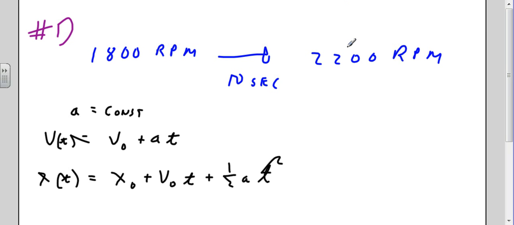So that's how we know that. Now, if I have theta, which I do in this case, then my angular acceleration is going to be a constant.